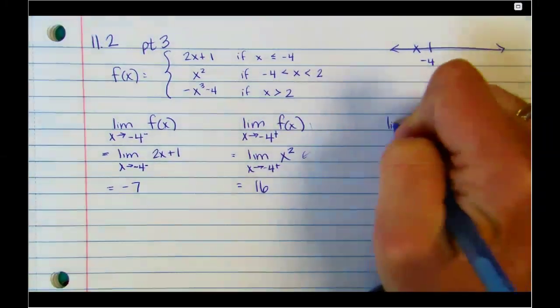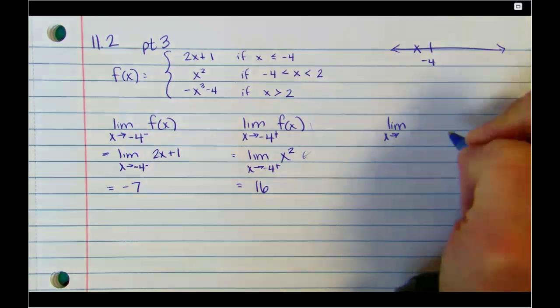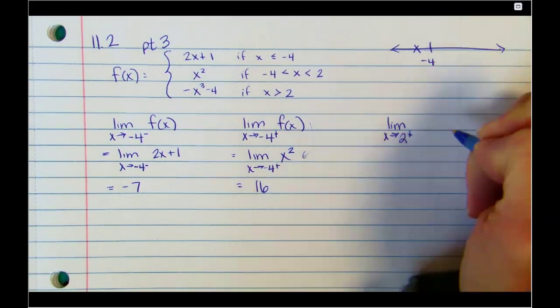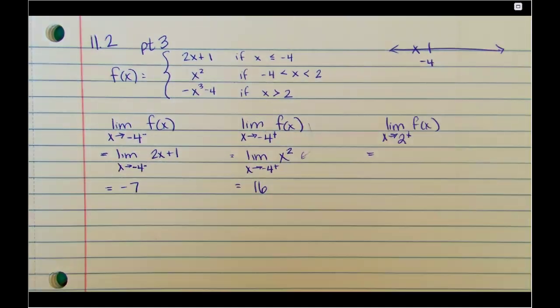Okay. How about the limit as x approaches 2 from the right of f of x? What's the answer?